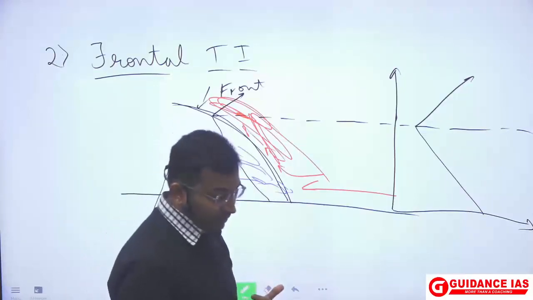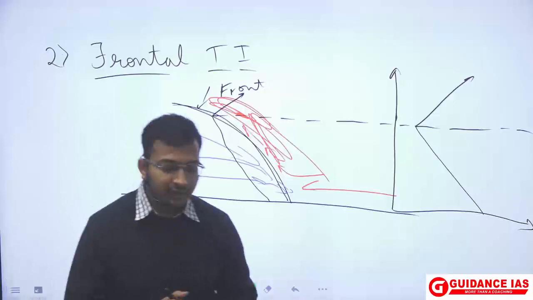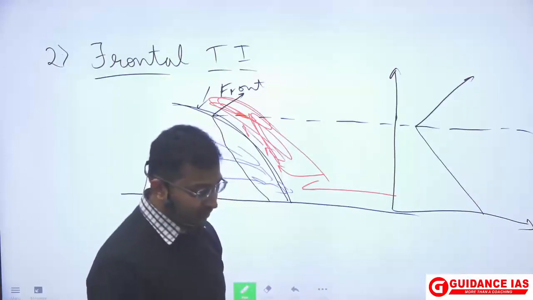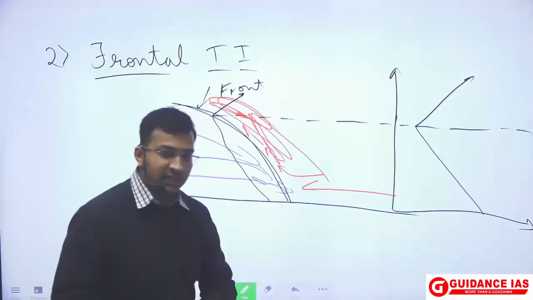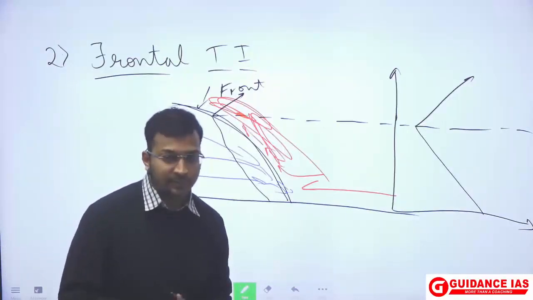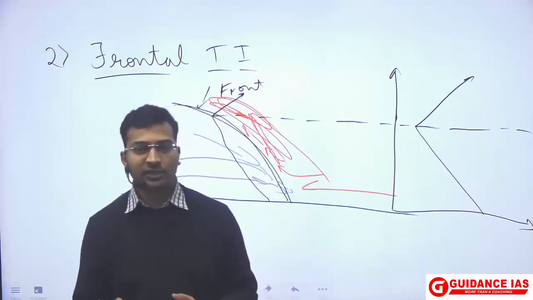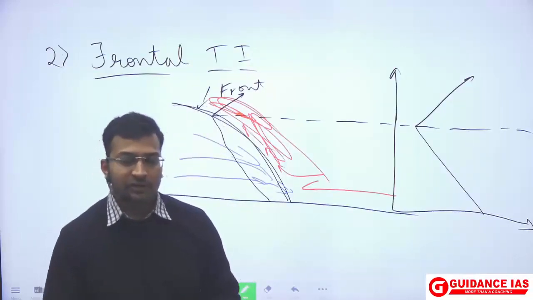Fine, that's it. So this is all about the different types of temperature inversion. We have seen all the 5 types of temperature inversion, 5 subtypes. The two main basic types are the surface inversion and the upper air inversion.